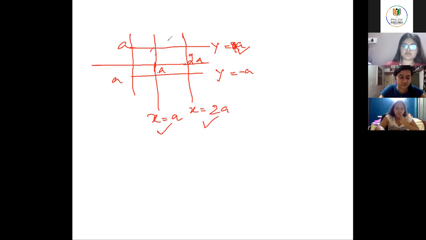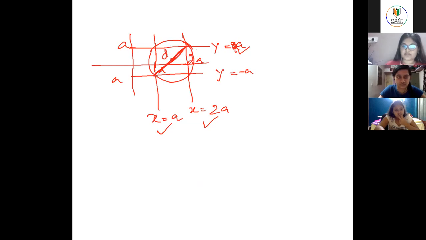So what is a circumcircle? It passes through these four corners. My writing won't be clear in this, but please understand. A circumcircle is something like this. So what is the radius of a circumcircle? If I draw a diagonal from here to here, the center must lie somewhere in here, and the diagonal touching one corner to the other corner will be considered as the diameter of the circle.